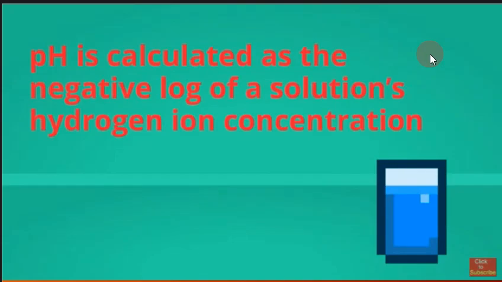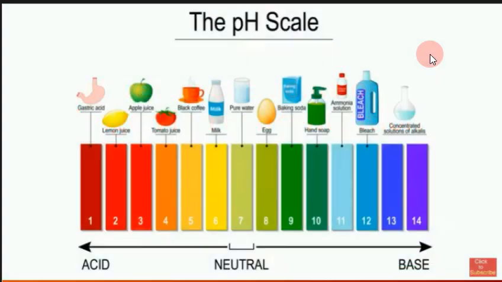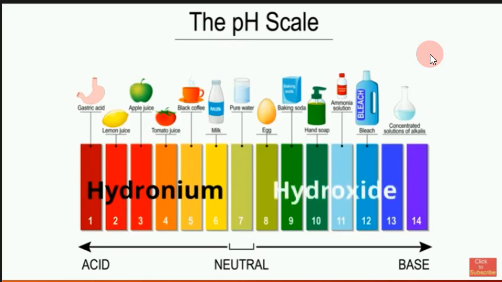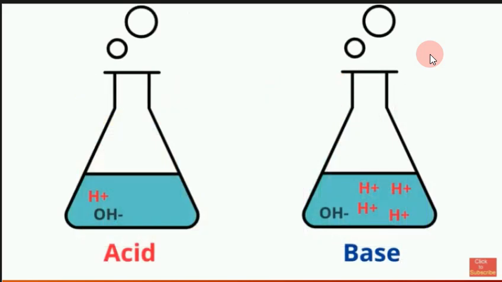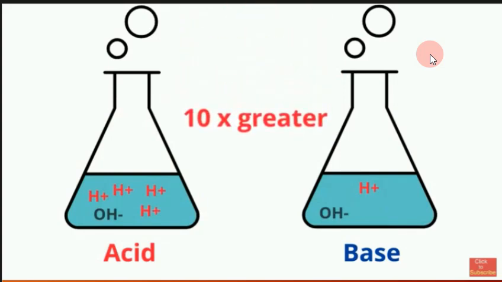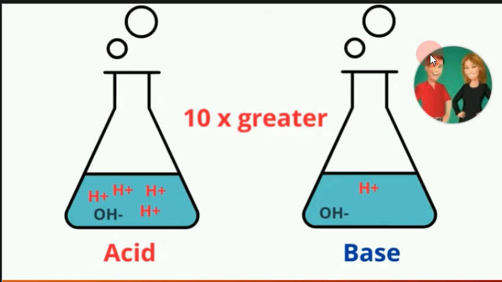But in very simple terms, acids gain hydrogen ions and create hydronium, and bases are created by losing hydrogen ions and creating hydroxide. In very simple terms, acids gain hydrogen and bases lose hydrogen. Each number represents a 10-fold change in the acidity or basicness of the water. Water with a pH of 5 is 10 times more acidic than water having a pH of 6.